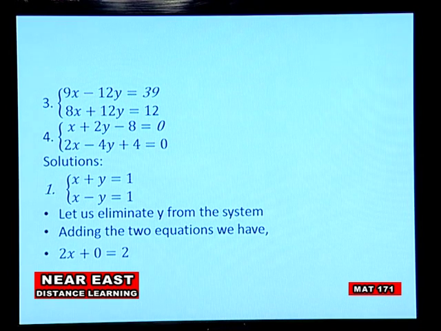We don't have any rule in choosing, just choose. If I want to eliminate x, okay, eliminate x. If I want to eliminate y, eliminate y. Eliminating is just like removing. We have 2 variables. We will perform some arithmetic and eliminate either x or y.